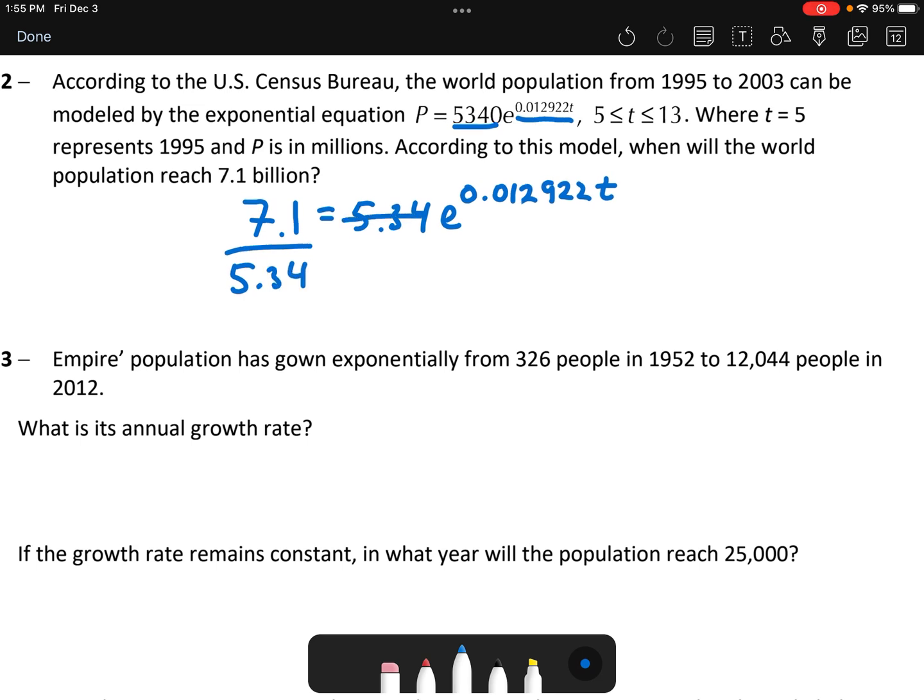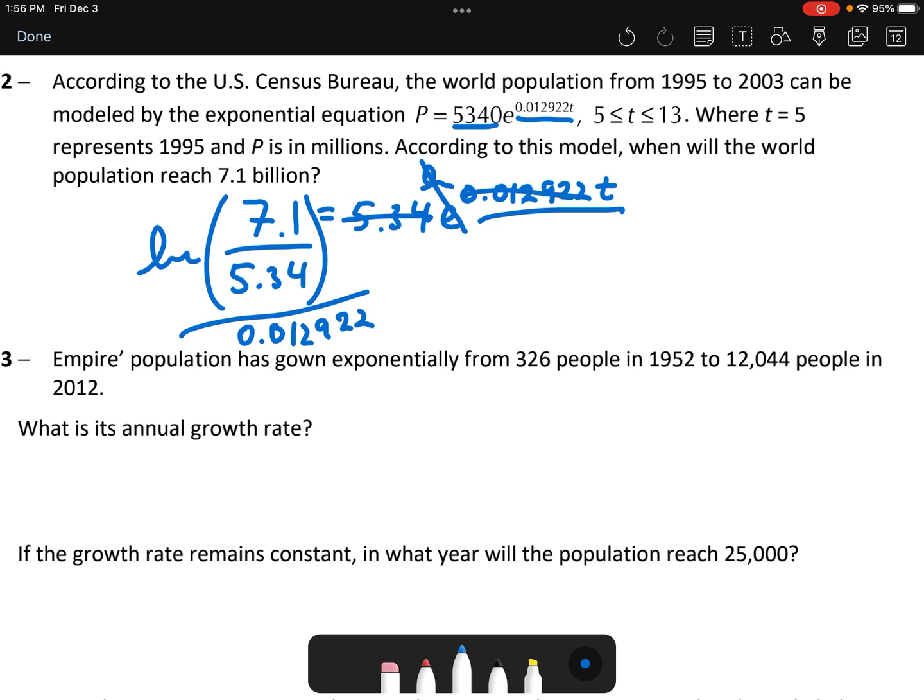The first step, divide by 5.34. Second step, take the natural log of both sides. That eliminates the E. Third step, divide that by 0.012922. And there's T. Now we don't have to store anything. Just do the arithmetic that it says to do.